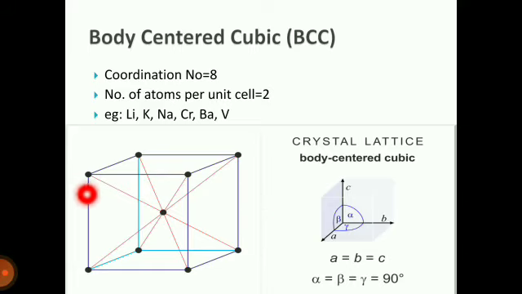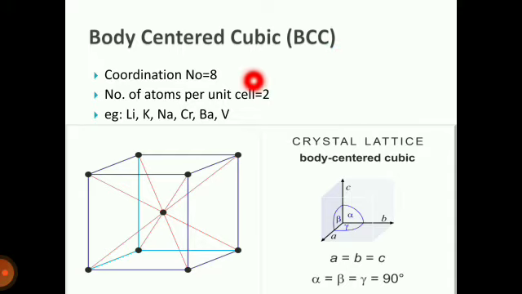At the corners of this cube atoms are present, so there are 8 atoms at the corners of the cube, and there is one atom present at the center of the unit cell, that is inside the body of the unit cell. That is why it is called a body-centered cubic crystal lattice.